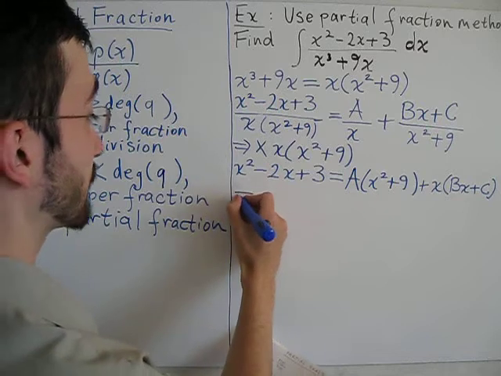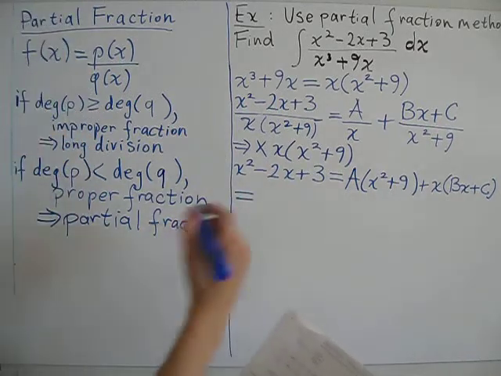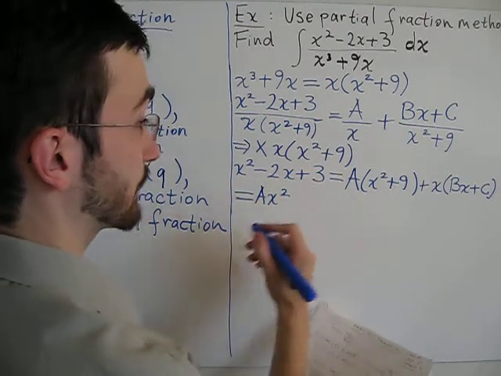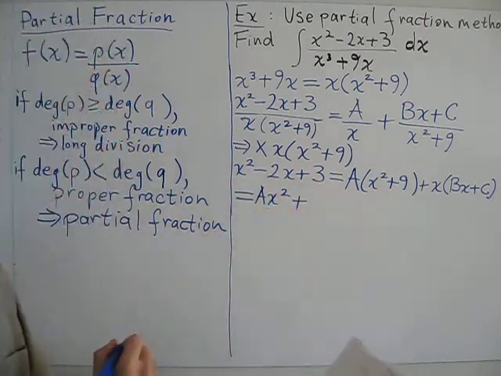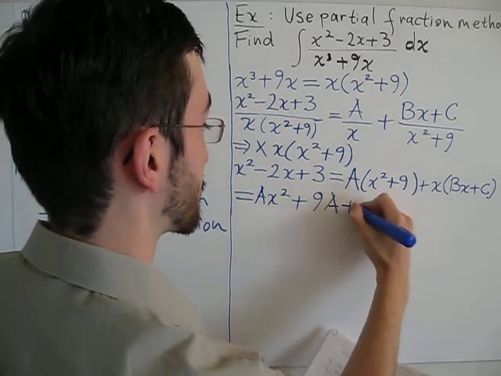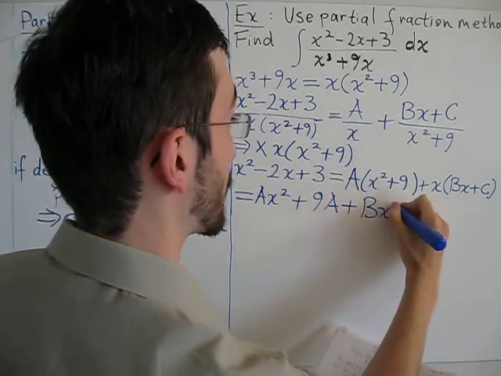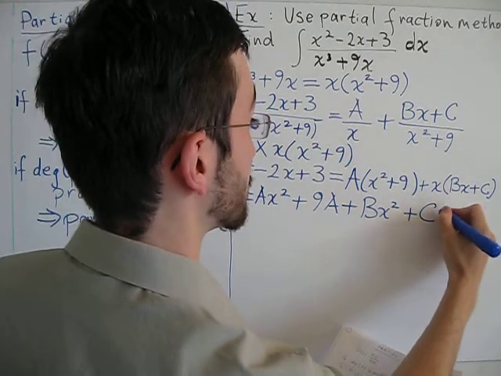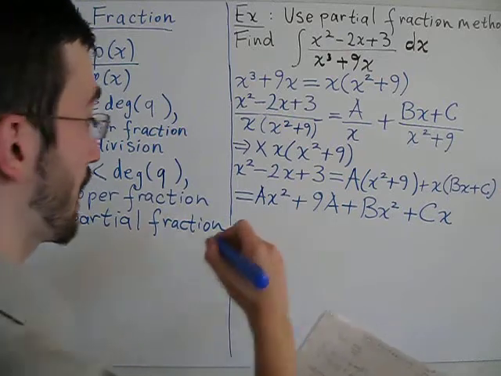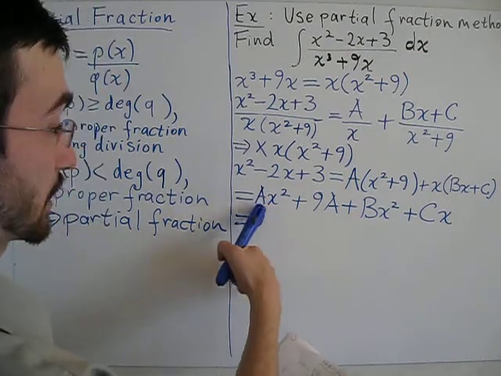So if we simplify the right hand side further, we end up with Ax squared plus 9A plus Bx squared plus Cx. And let's collect up like terms.